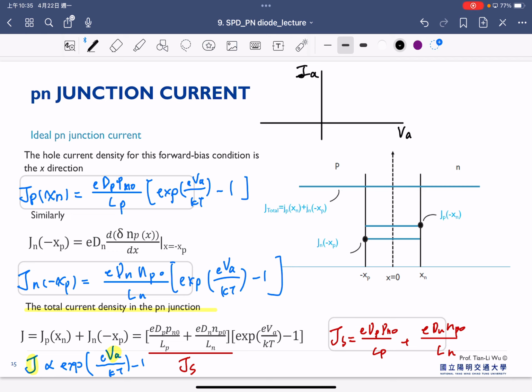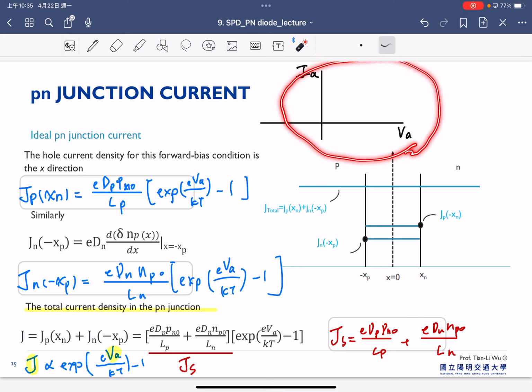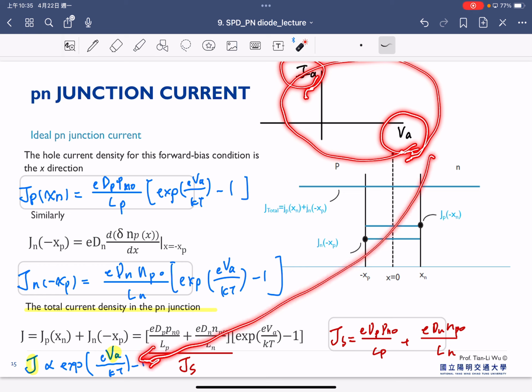So now from this equation, we are pretty confident that our guess is correct, because this plot already tells us that the current is a function of our applied bias, and the equation also tells the same thing.